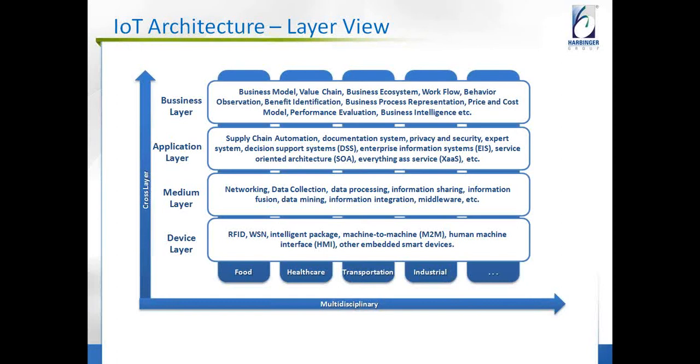This is where low-end devices like RFID, WSN, intelligent packages, machine-to-machine communication, the human-machine interface, or other embedded smart devices come into the picture. And I think this device layer in IoT application architecture would play a key role in defining the building blocks of the overall application and its architecture itself, and defining the different technology and platform needs of a given IoT application.